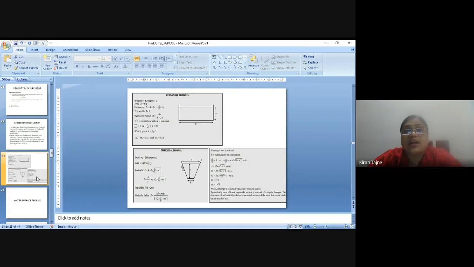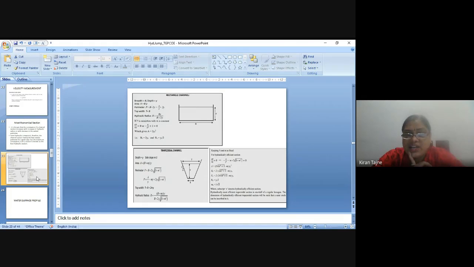For a rectangular channel to be most economical, the condition is that B, the bottom width, is equal to twice YC, where YC is the critical depth, and R is equal to YC by 2. Similarly, for the trapezoidal section also the formulae are given.